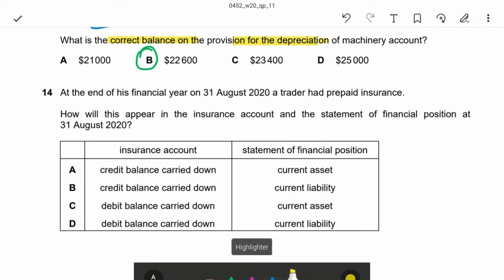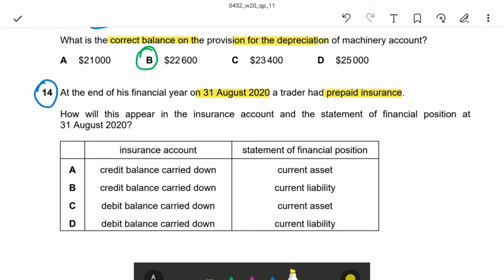Question 14. At the end of his financial year on 31st August 2020, the trader had a prepaid insurance. Prepaid insurance means they paid insurance in advance for the following year.